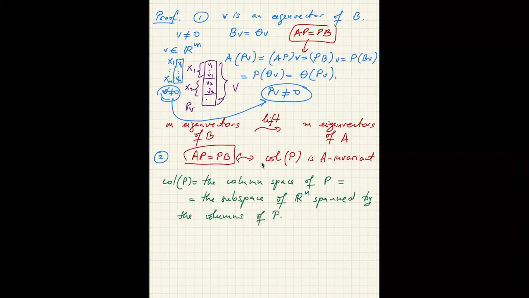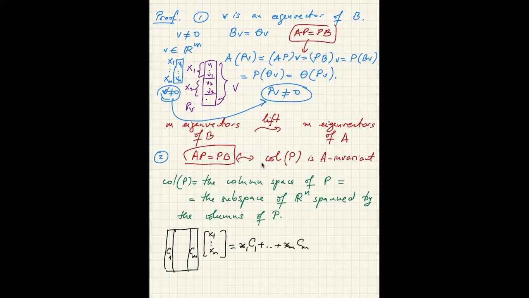Okay. Now, like I mentioned before, the key observation here is that I see P as having columns, let me call them C1, C2, Cm. If I multiply this by a vector x1, xm, then the result is x1 times column 1 plus xm times column m.